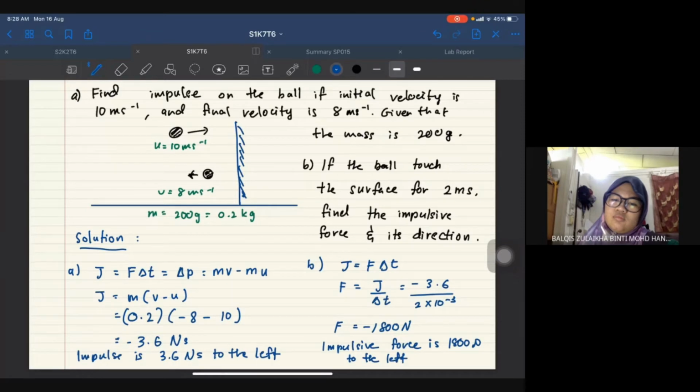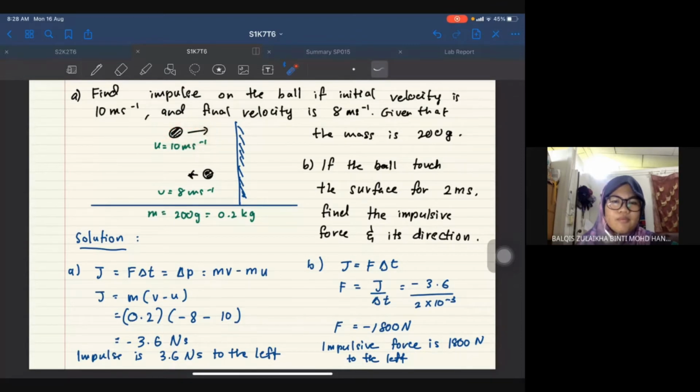So all vector quantity, my suggestion is that you write down the answer again lah, macam ni lah. You write down the statement macam exactly saya tulis ni. Okay. And you can see that the force and the impulse is actually in the same direction, which is basically the opposite direction to the incoming punya velocity.